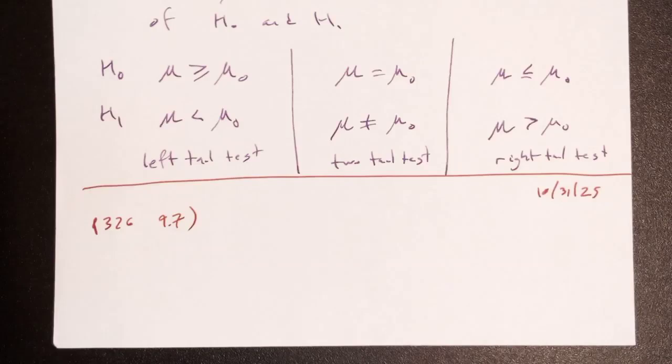I claim these bulbs contain 2.5 milligrams of mercury. Of those three null hypotheses, which one does that sentence sound like?